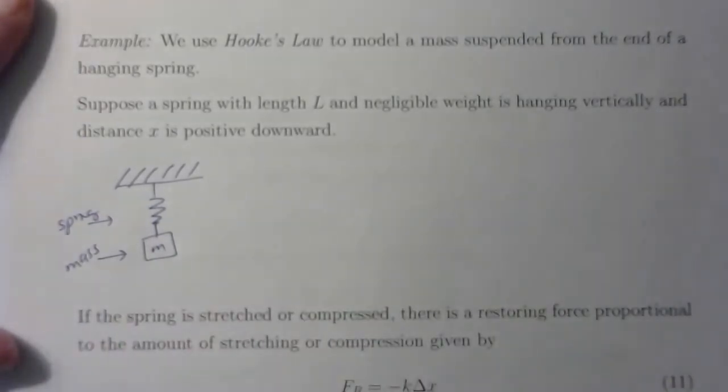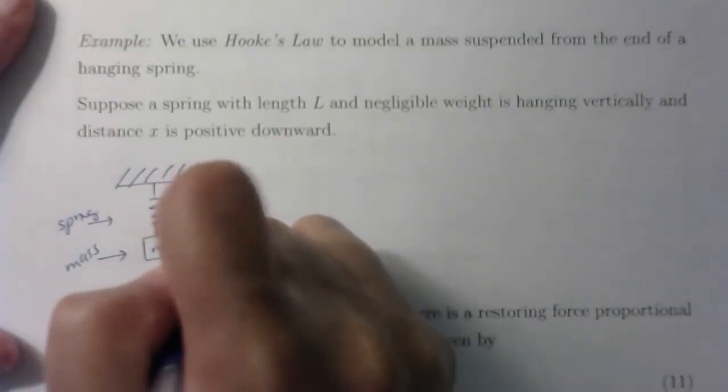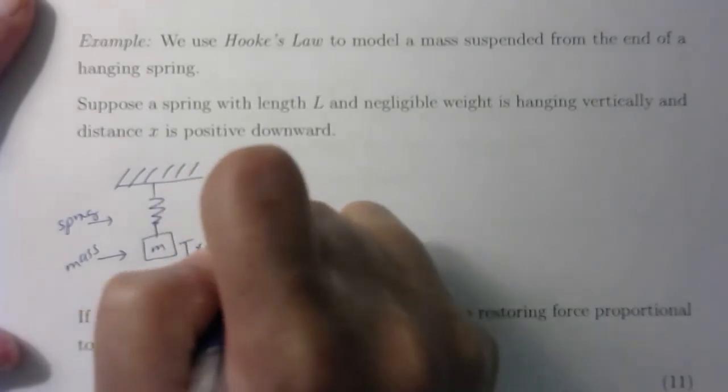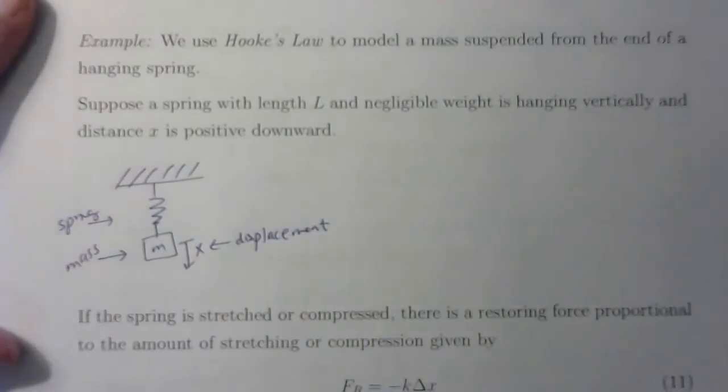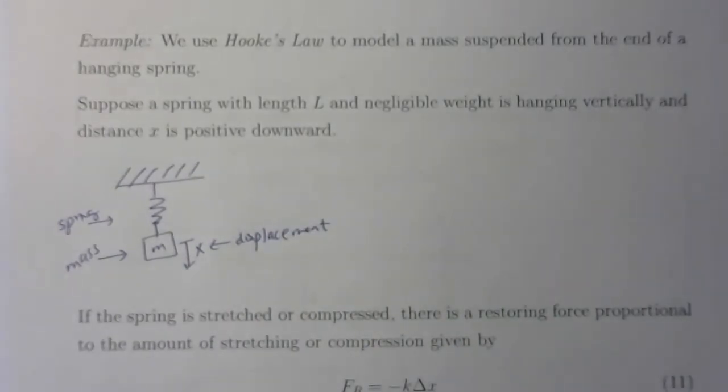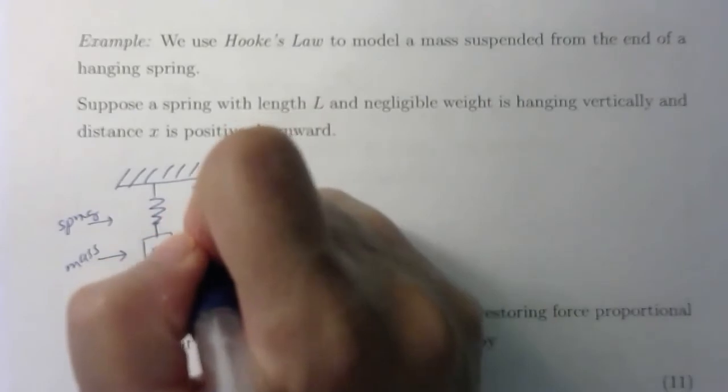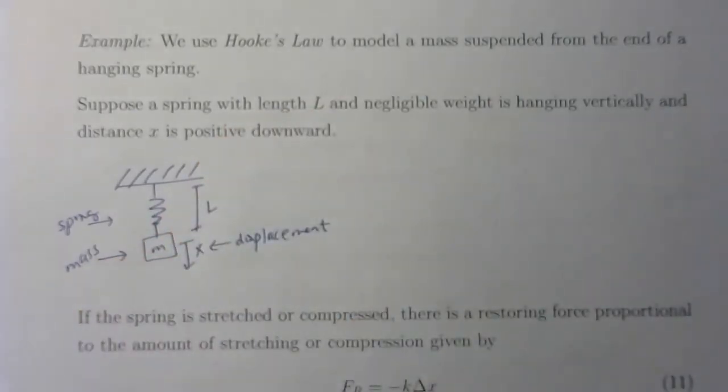And the mass has some displacement, call it x. This is displacement, where the arrow points in the positive direction, and so that's downward. The spring has a length of L, and it doesn't have a negligible weight.